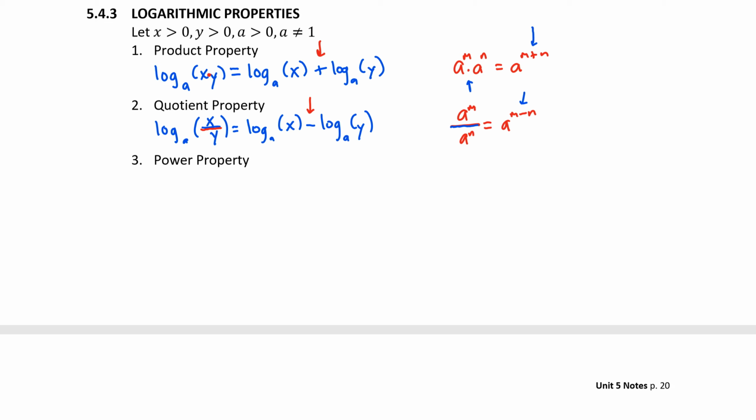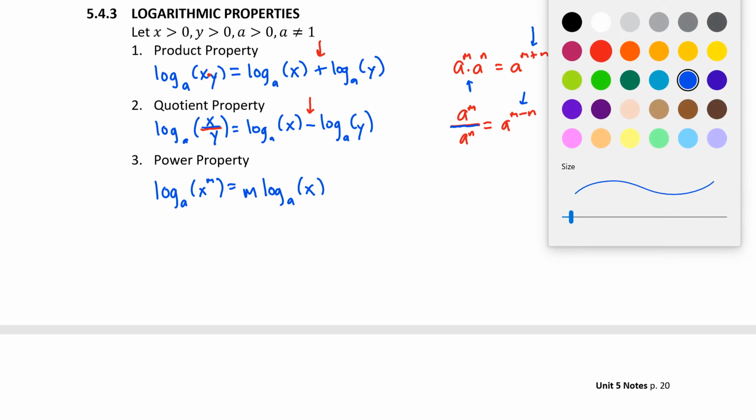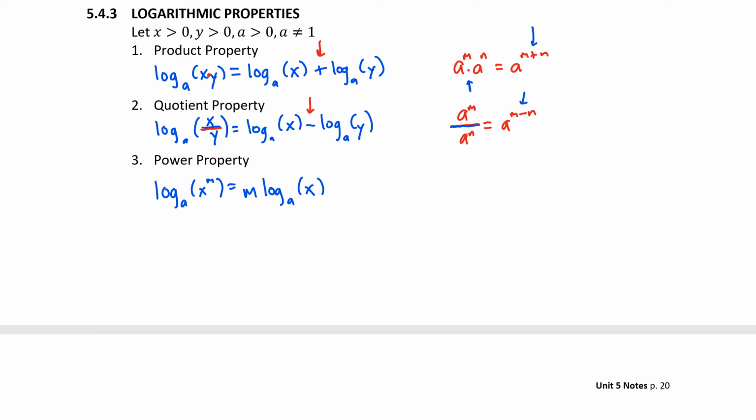The last property looks something like log base A of x to the mth power. We can rewrite this as m times log base A of x. So if our argument has an exponent, we can move that exponent down in front as a coefficient.